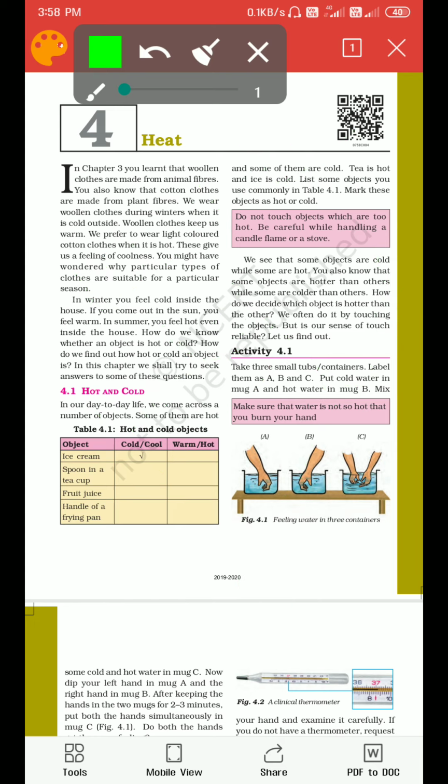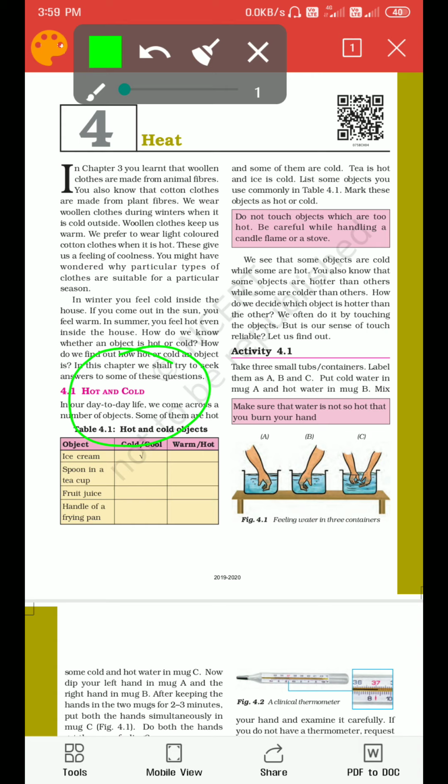Means the amount of heat in your body is more in comparison to the amount of heat in the ice cube. Thus heat moves from your body to the ice cube, and when heat is released from your body you feel cold. Understood?